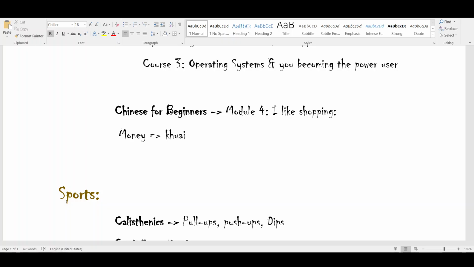Yes, Kwai. Kwai is one, like 1 rupee, or in India you say 1 rupee, or something like $1. And like Kwai, shi Kwai, 12 Kwai. It is just like I know the numbers.